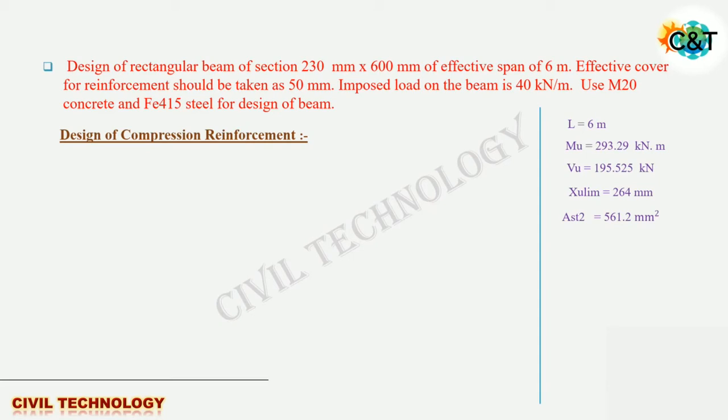Based upon that strain, we calculate the stress of our steel at that strain point, and using that value we can calculate the reinforcement. This is the normal concept behind the compression reinforcement. Let's see it procedure-wise so you can understand better.